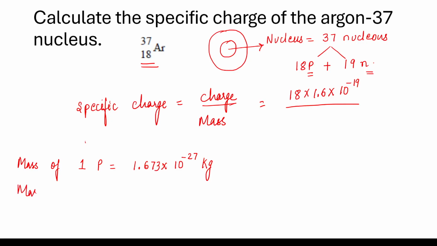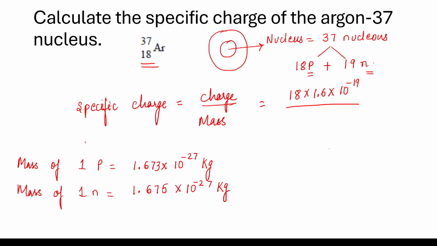And then the mass of one neutron is 1.675 times 10 to the power minus 27 kg. Okay, so this would help us to calculate the mass of the argon 37. So you don't have to remember all of this data. This data is there in your equation sheets.